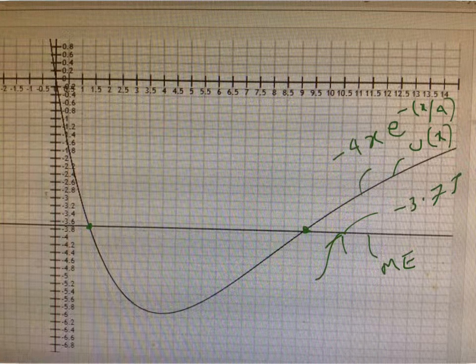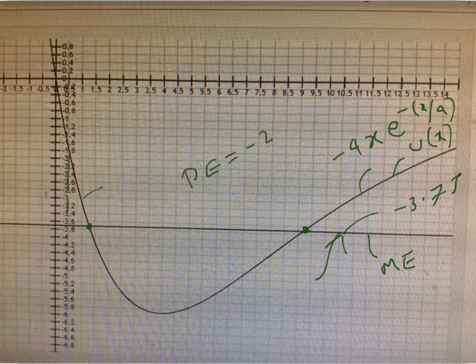Let's say we choose a point far away from this, where the potential energy is minus 2. So in order to maintain the mechanical energy of minus 3.7, the kinetic energy has to be negative as well. So that is not possible.